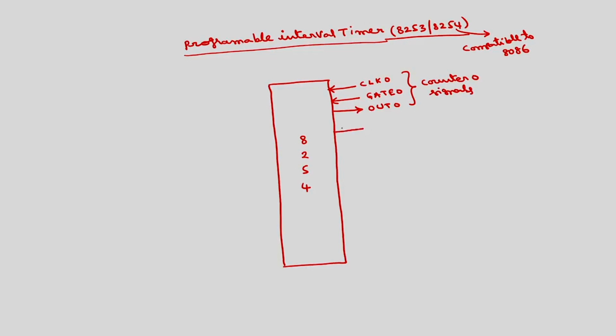Similarly, for counter 1 we have clock 1, gate 1, out 1. These are all counter 1 signals. Counter 2 similarly: clock 2, gate 2, out 2.